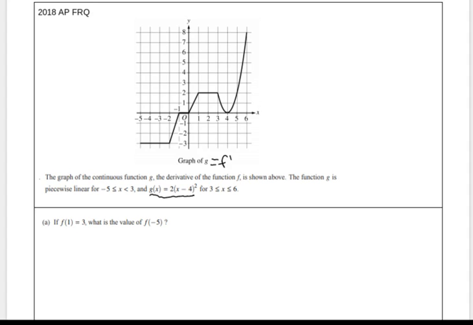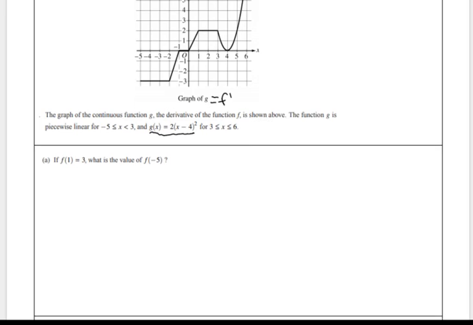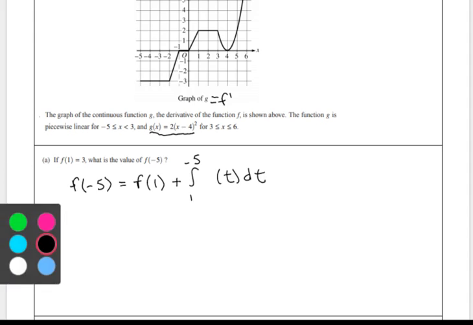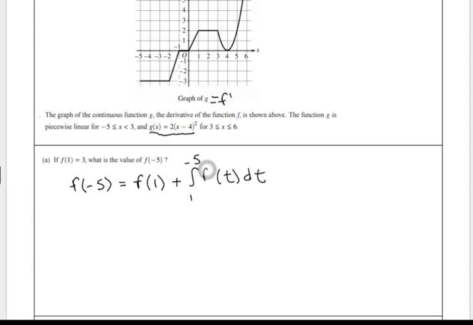To find f of -5, we're going to use f of 1, and we're going to do the integral from 1 to -5 of g of t dt. And remember, g is really f prime, so we could write it as f prime of t dt. Either one would be totally fine.